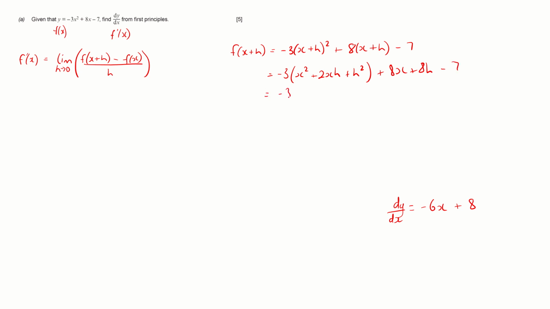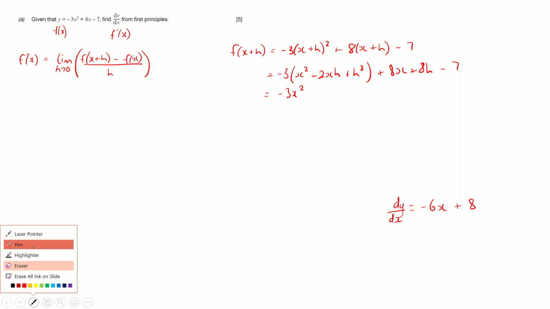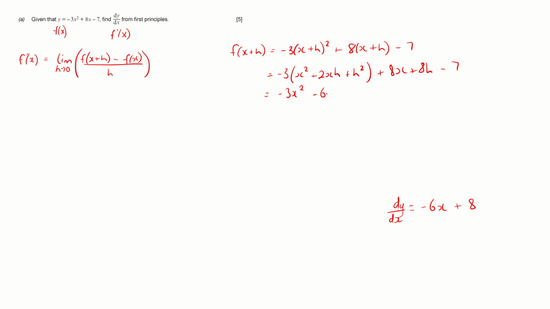So that comes to be minus 3x squared, excuse me, a little error there, minus 6xh minus 3h squared plus 8x plus 8h minus 7. Of course, you can do that in the original equation, because you can't simplify any of that there. I just prefer to do it so it keeps my original equation a little bit neater, because it can get quite confusing.